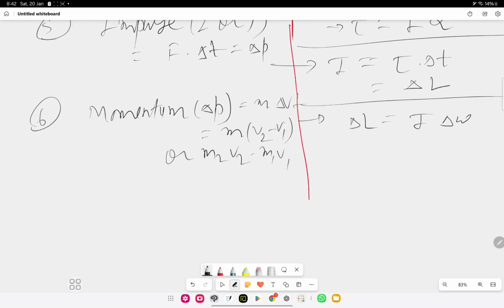In the linear motion we had talked about, in our regular classes, the conservation of linear momentum. What is the conservation of linear momentum?